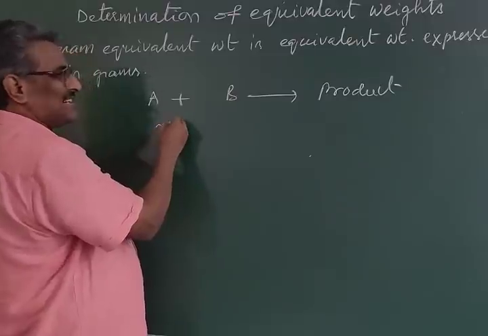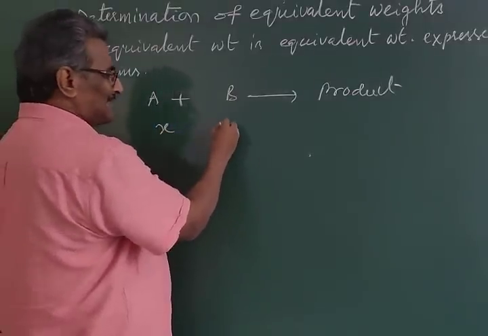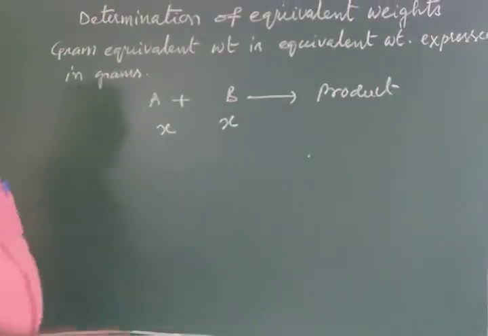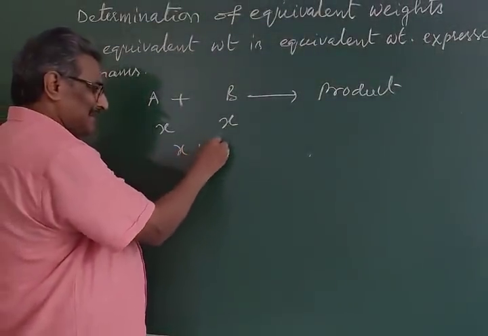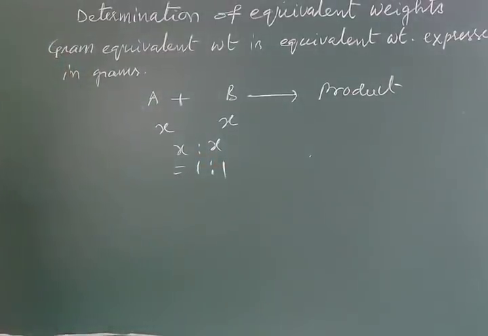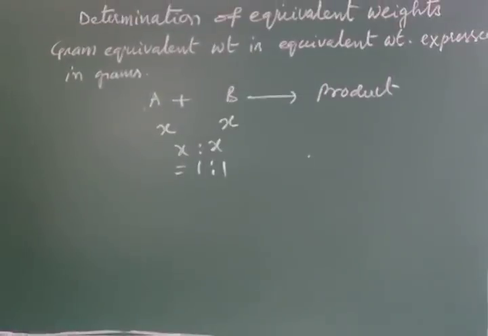If X equivalents of A is reacted, X equivalents of B will be reacted. So ratio will be X is to X, that should be 1:1. We discussed this also in the previous class, that the substances react in 1:1 ratio of their number of equivalents during a chemical reaction.